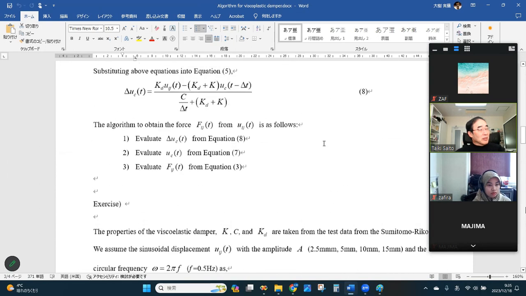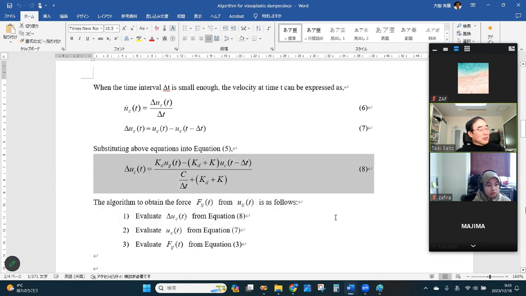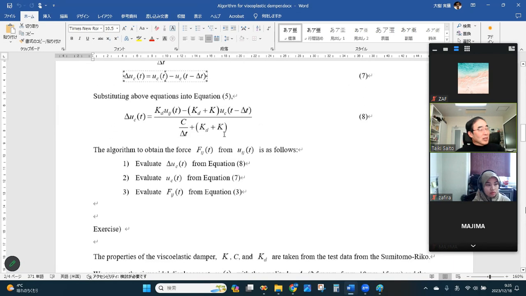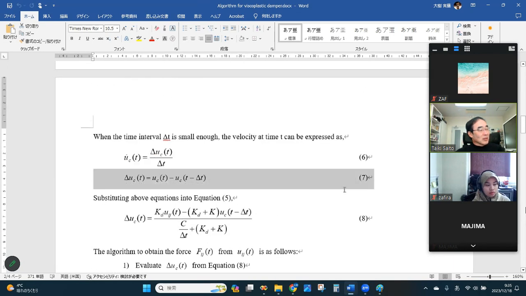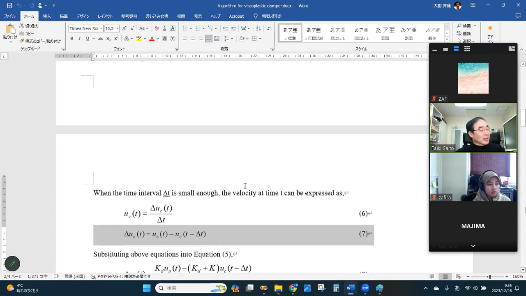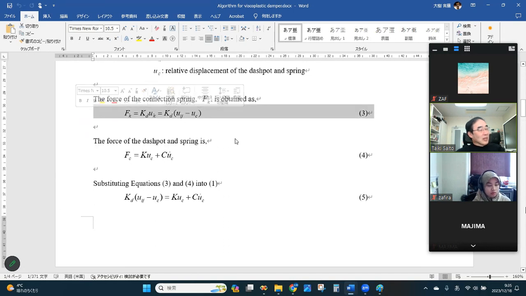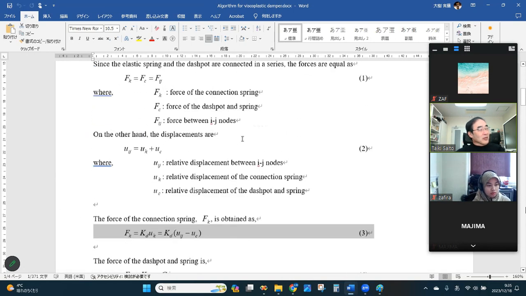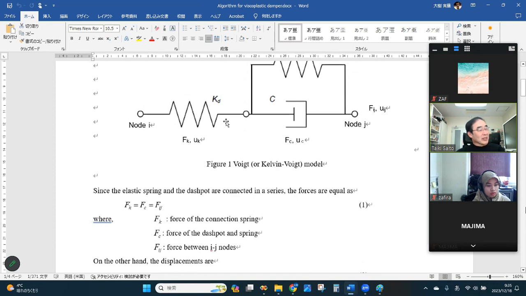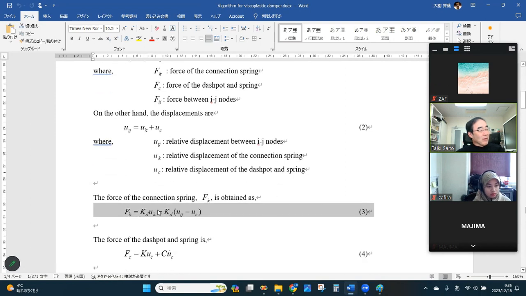Equation 8 is previous, this one. Okay? After you get delta UC, you can get UC from equation 7, and you can get the force of, well, actually, force is common for all springs. It's connected in series. So you can get the force of this viscoelastic damper by this formula.